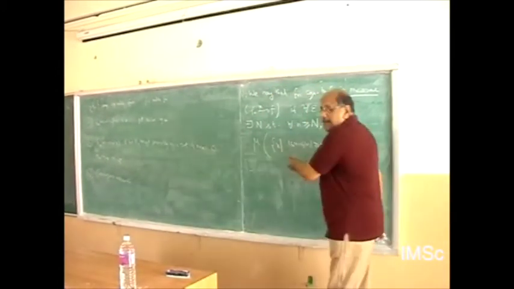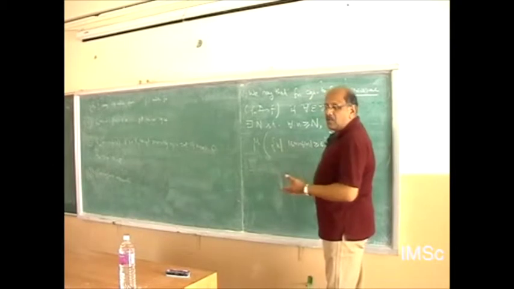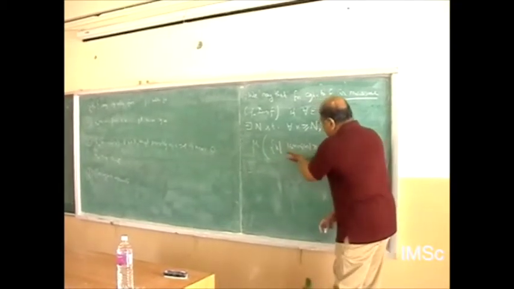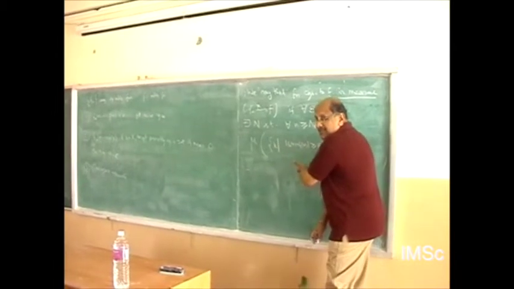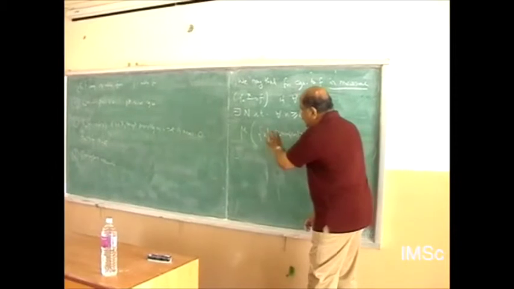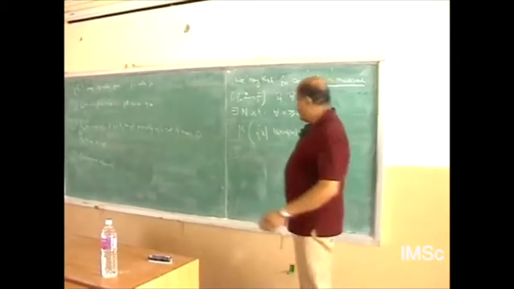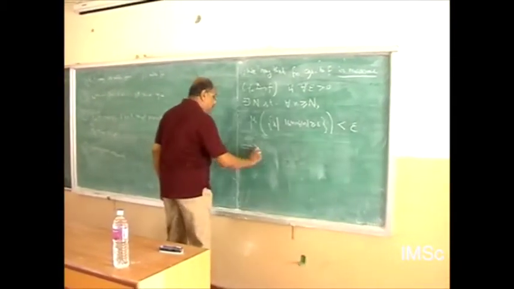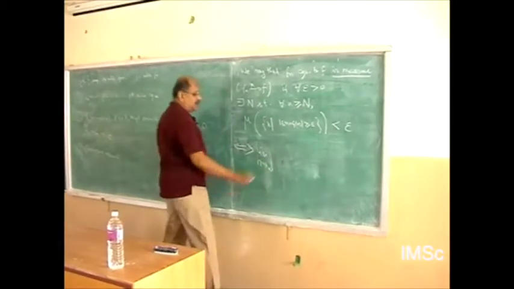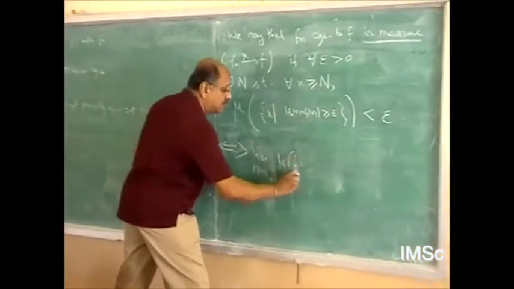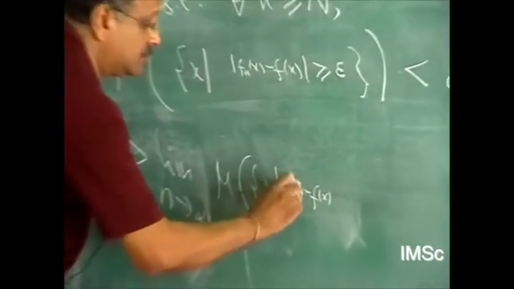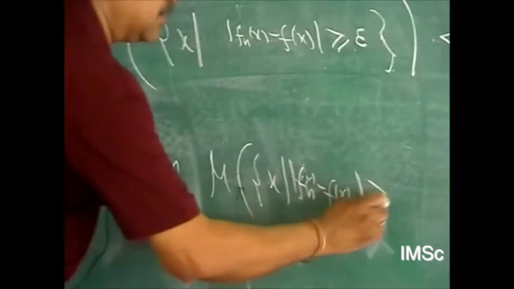In some way we are measuring how non-convergent the sequence is. The set where it violates the notion of convergence, where |f_n(x) - f(x)| is bigger than or equal to epsilon, must be a small set. Or equivalently, the limit as n tends to infinity of μ of the set of x where |f_n(x) - f(x)| is at least epsilon is zero.